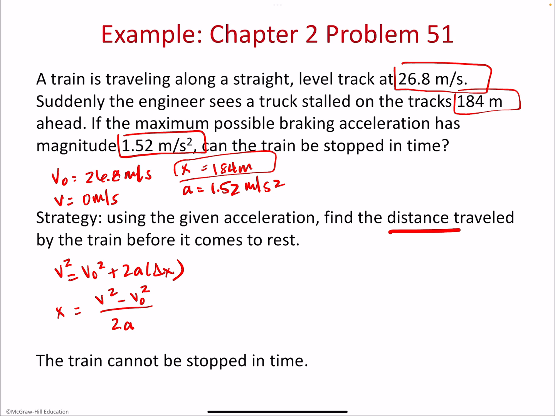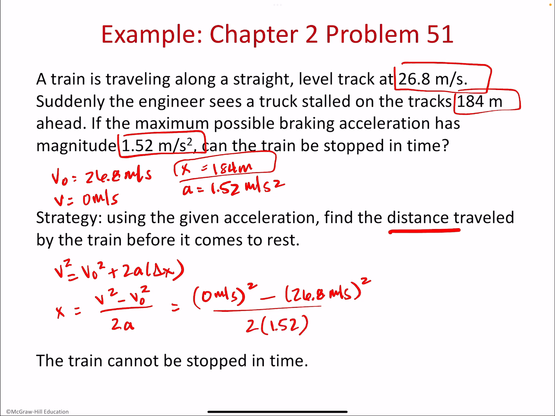All right, so what is our final velocity if we're stopping? 0. You don't have to square it, because it's still going to be 0. What's our initial velocity that we got? 26.8 squared over 2 times 1.52.